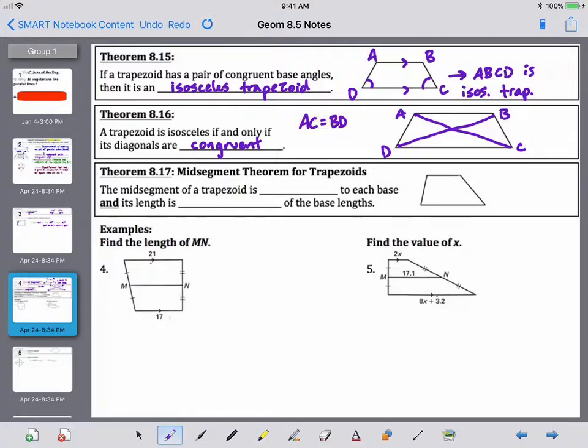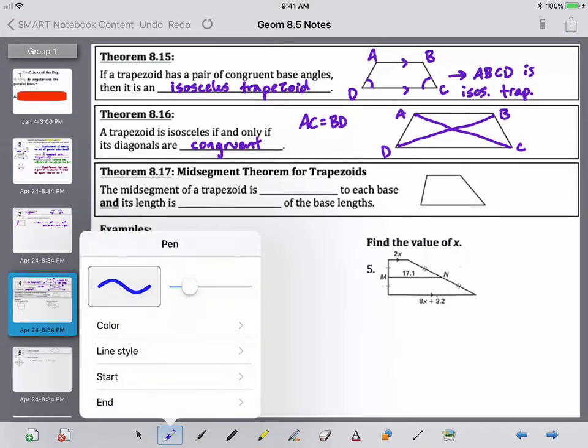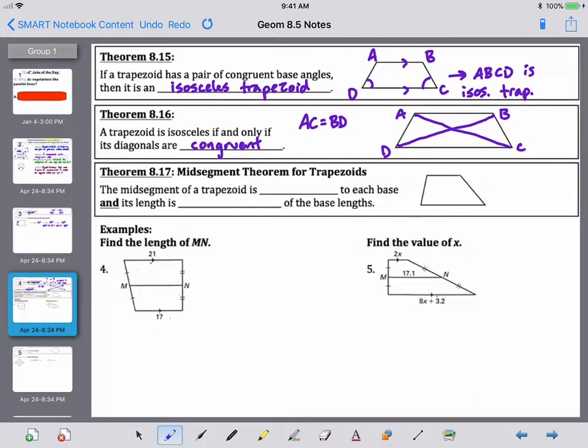All right, now our next theorem deals with any type of trapezoid. And this is when we're going to talk about that midsegment. So the midsegment of a trapezoid is parallel to each base, and its length is actually half the sum of the base lengths. So let's use this picture here to explain that a little bit further.